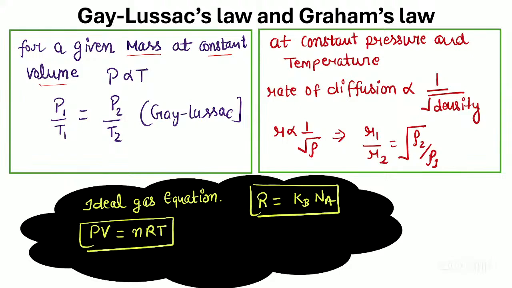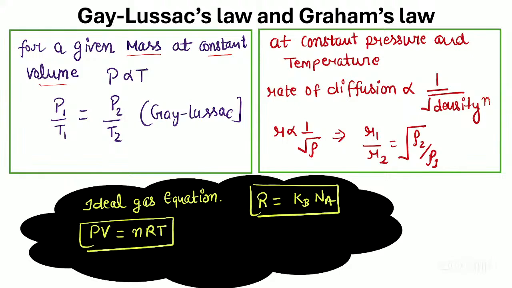And Graham's law is about the rate of diffusion, the release of a gas. At constant pressure and temperature, the rate of diffusion is directly proportional to 1 upon square root of density. Now here you can notice one thing: if you increase the density, the rate of diffusion will decrease.